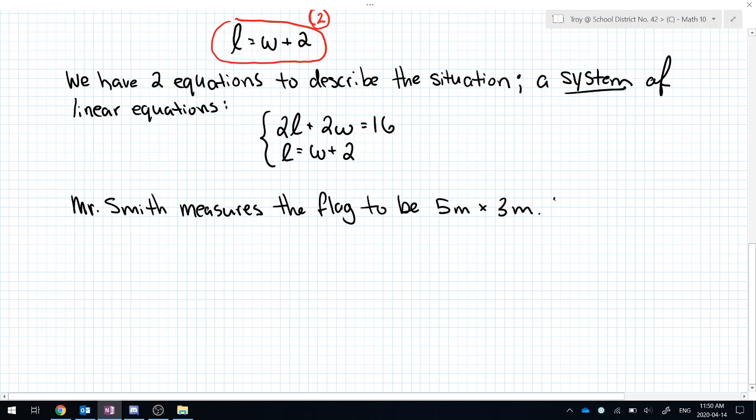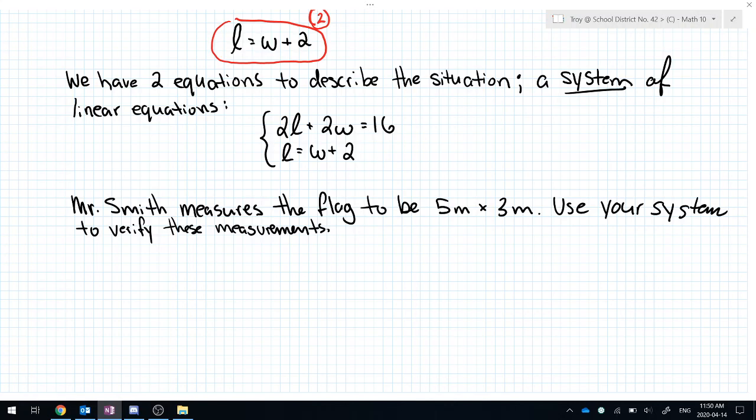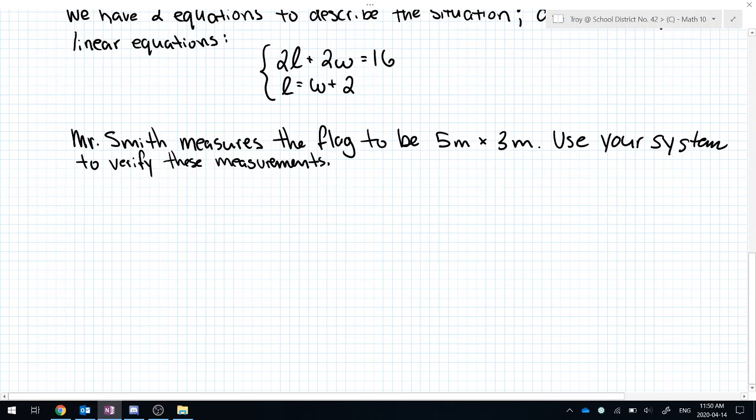And what I'm going to say is use your system that you developed in the previous section to verify these measurements. Okay. So what I'm saying here is, it's proposed that the length of the flag is 5 and the width of the flag is 3.